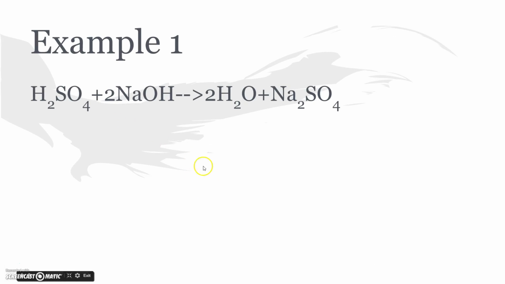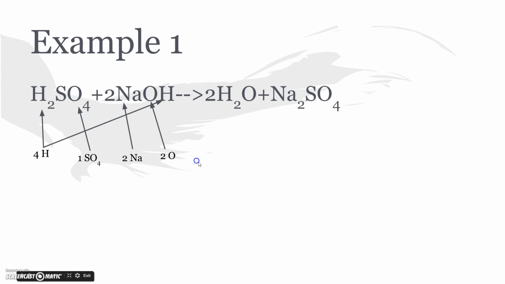Example 1, it's an example for both laws, but I'm going to focus on the law of conservation of mass. So here we have sulfuric acid reacting with sodium hydroxide to form water and sodium sulfate. On the reactant side, we have 4 hydrogen, 1 sulfate, 2 sodium, and 2 oxygen.